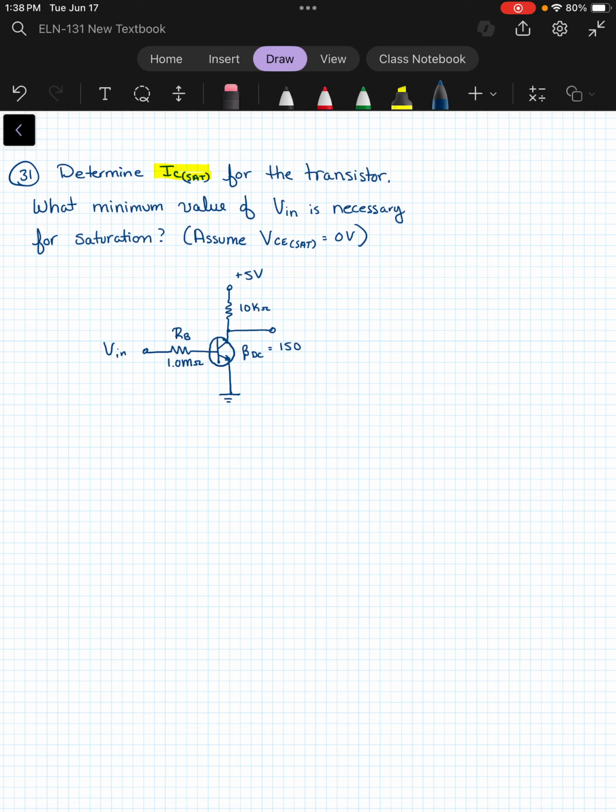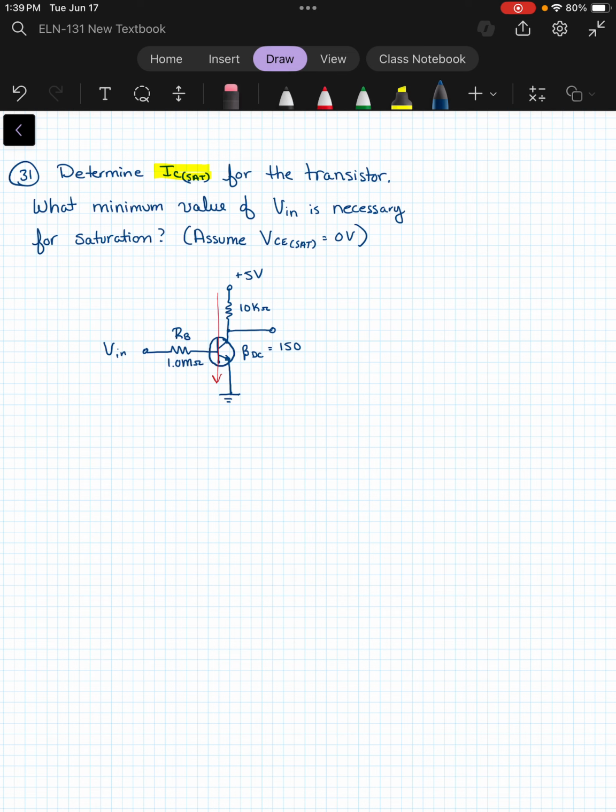So what is that? Saturation occurs when the current through the collector just dumps straight into the emitter. If we're talking about electron current, it would be the other direction. But for conventional current, we're talking about that current going straight down.